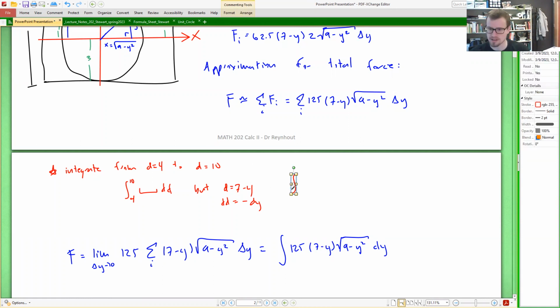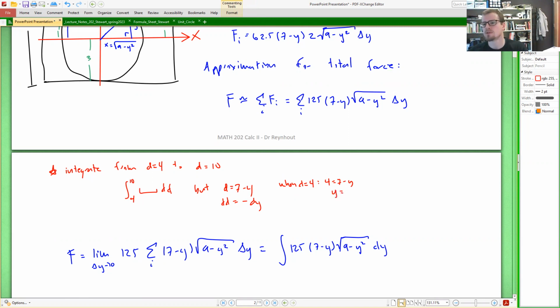I need to change my integration bounds. So when d is equal to 4, we have 4 equals 7 minus y. And that gives us y is equal to 3. 7 minus 3 is equal to 4.